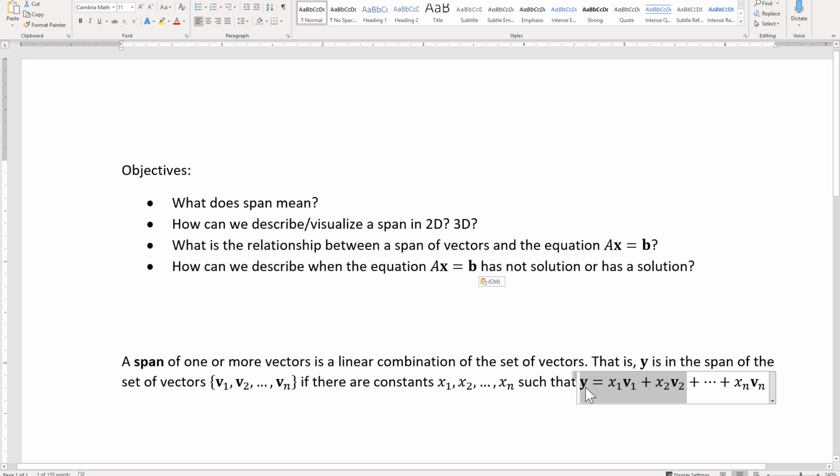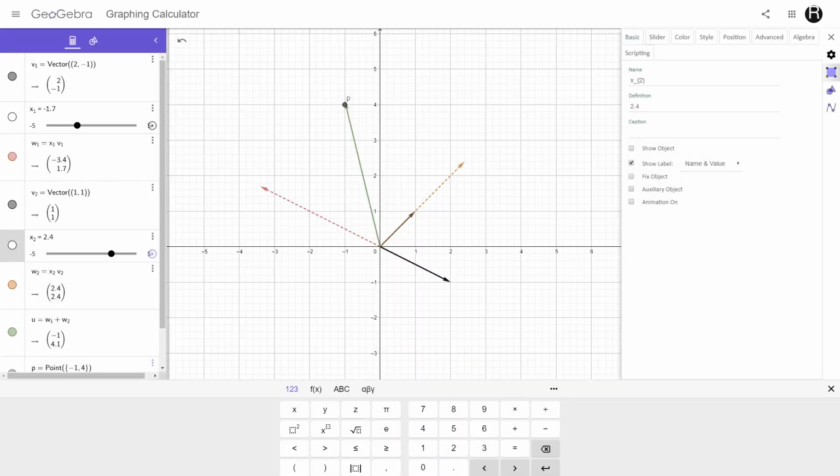And so with those given v1 and v2 and the point that we were looking for, we can find the value for x1 and x2. And the values look like they're probably going to be negative 1.7 for x1 and 2.4 for x2. Okay? All right.